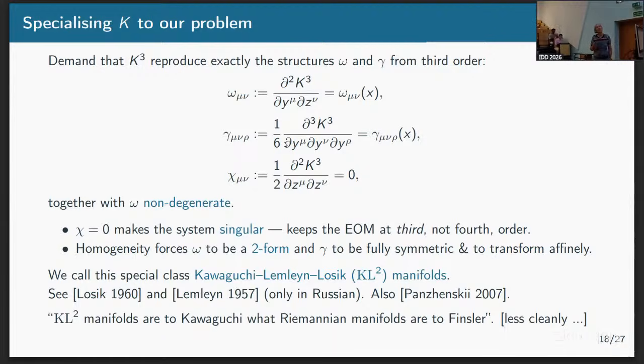And this special case of Kawaguchi geometry of order 2 was previously studied by Losik, Lemlin, and recently more by Perzhensky. And yeah, we therefore called it KL square manifold, because these are the special instances of Kawaguchi geometry satisfying this constraint.